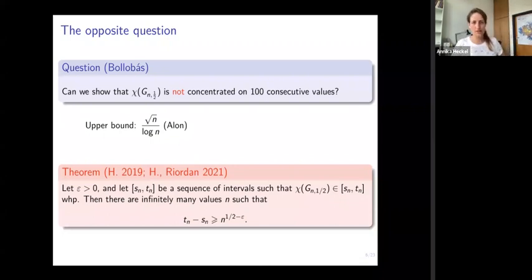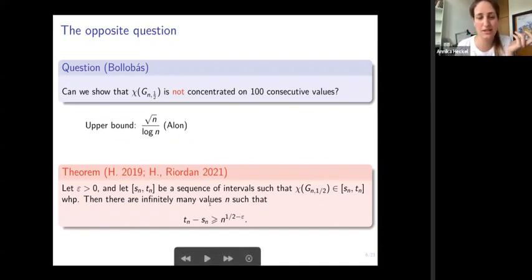Okay, so I have two things I want to do in the rest of the talk. First, I want to talk a bit about the method, how this is proved. And secondly, I want to talk about what we think the correct answer is for the concentration of the chromatic number, because, well, I should warn you right now.